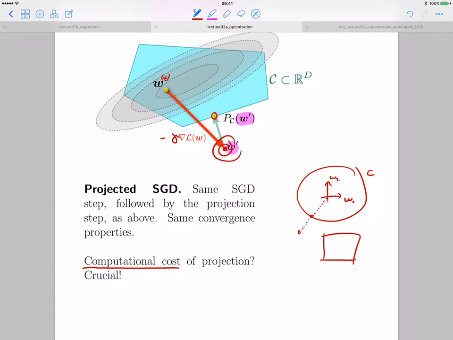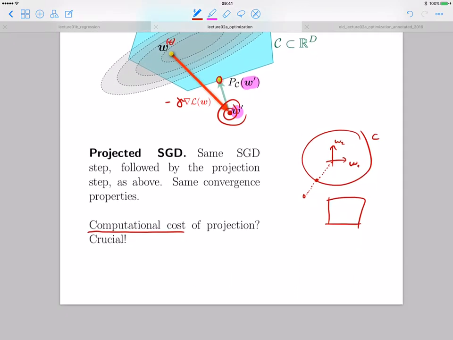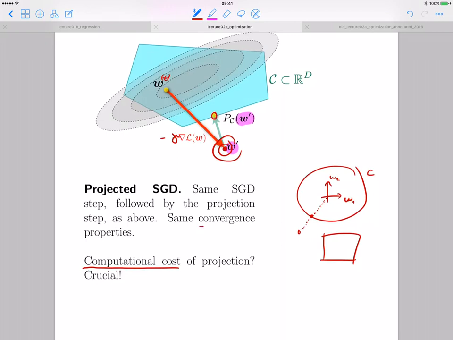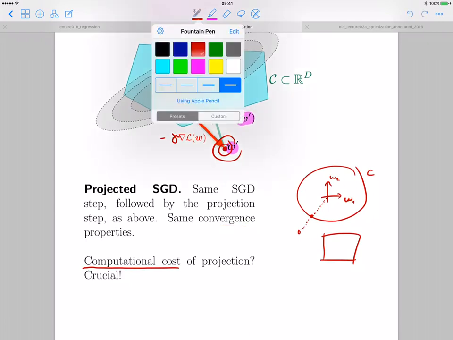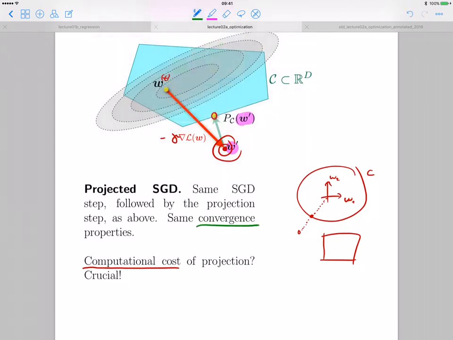Let me clarify a point, because I got a question about convergence. How do we define convergence? What do we care about here? What we want is convergence to an optimal solution.